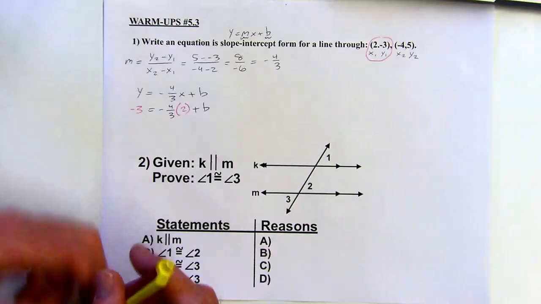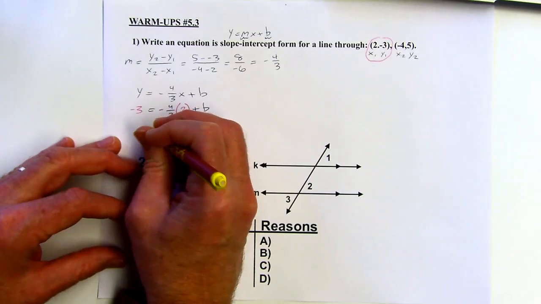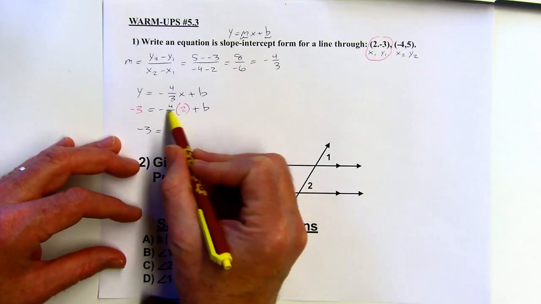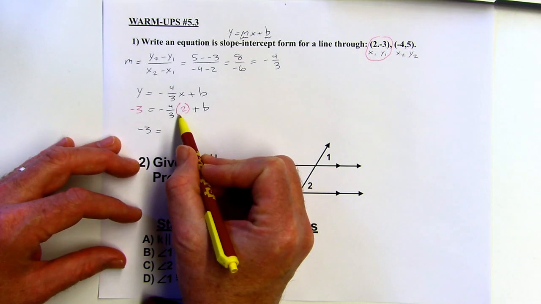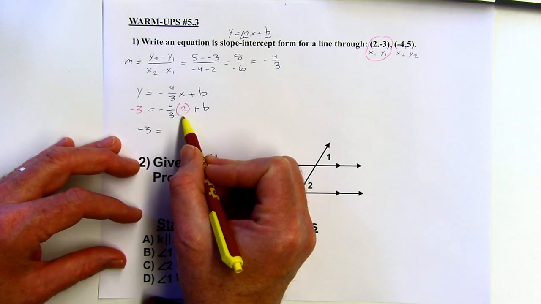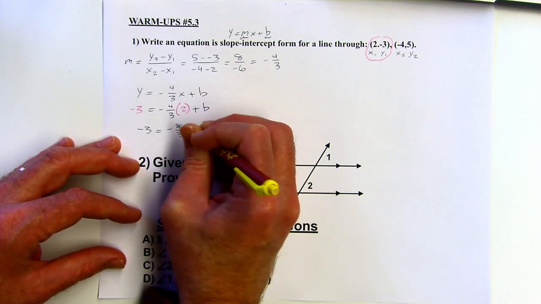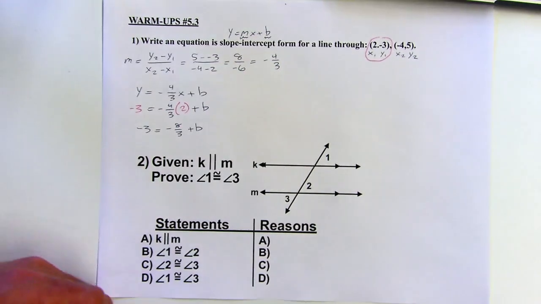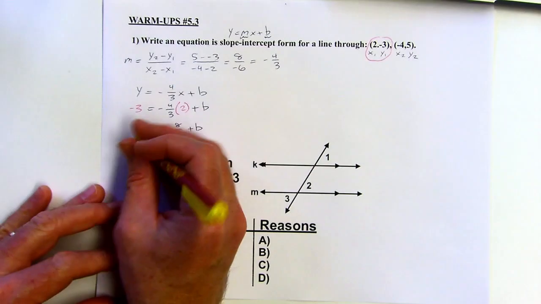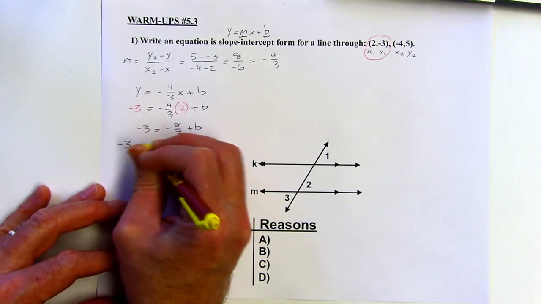Okay. So let's see. If you multiply here, we're going to get negative 8/3. You can think of that as 2 over 1 and multiply straight across. So that would give us negative 8/3 plus b. Okay. And now I'm going to add 8/3 to both sides to isolate the b.